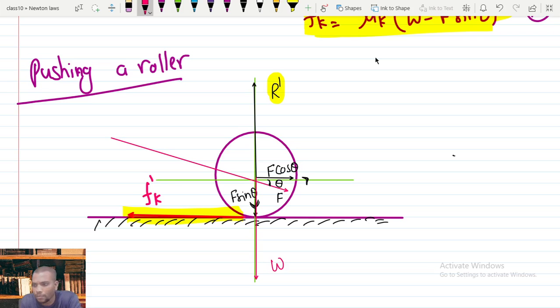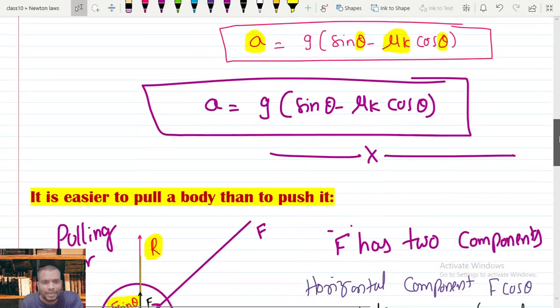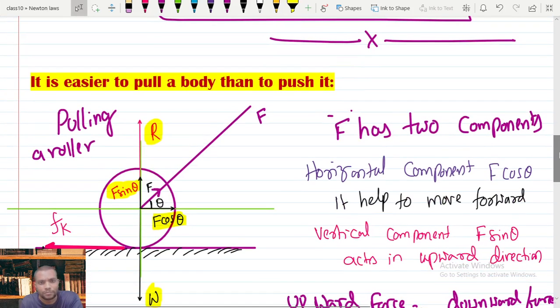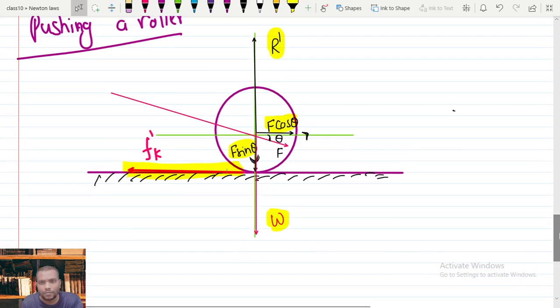R dash is the normal reaction force, the weight acts downward, and the components of force are F cos theta and F sin theta. So you can understand the force making an angle in the pulling case and in the pushing case. The change in angle makes all the difference.